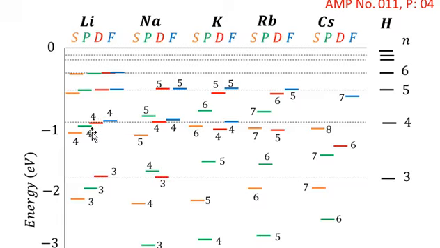You can see that the energies of these lines with principal quantum number 4 are below the hydrogen atom reference level for n equal to 4. Similarly, we can show the other levels.